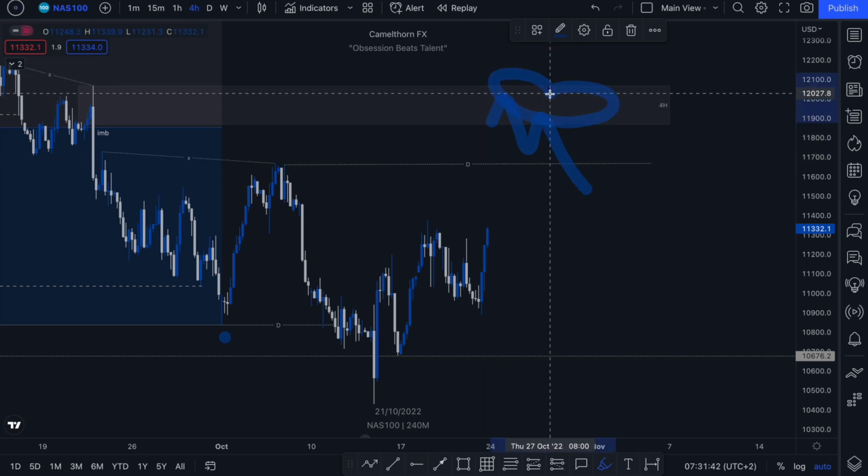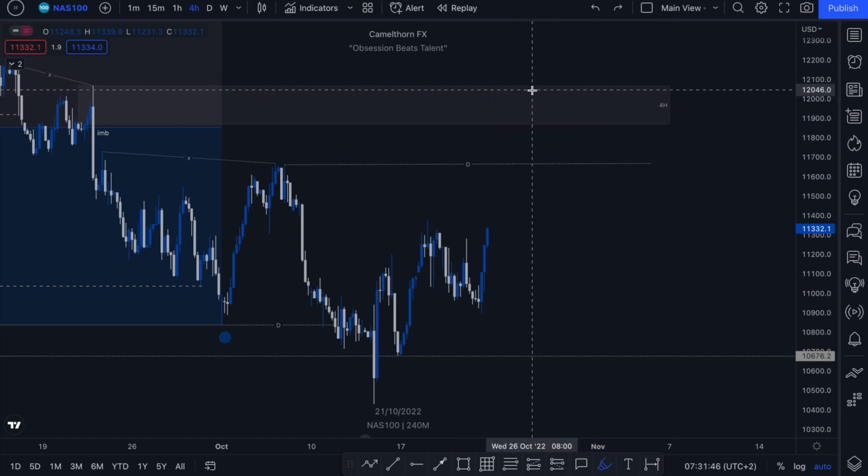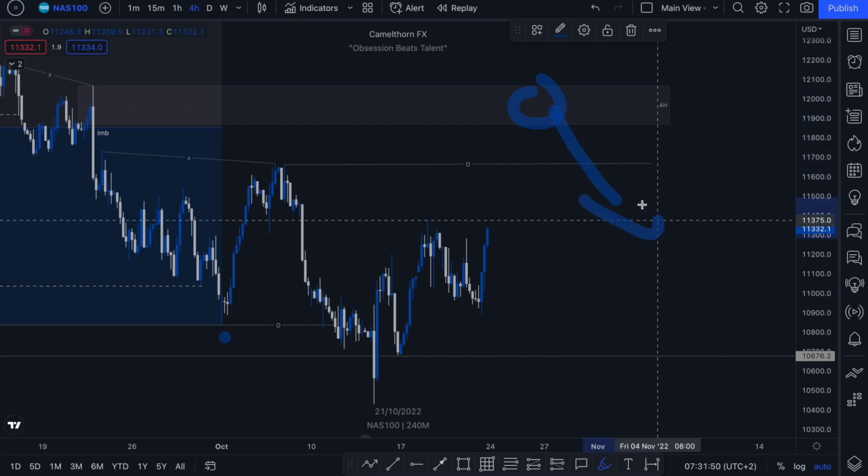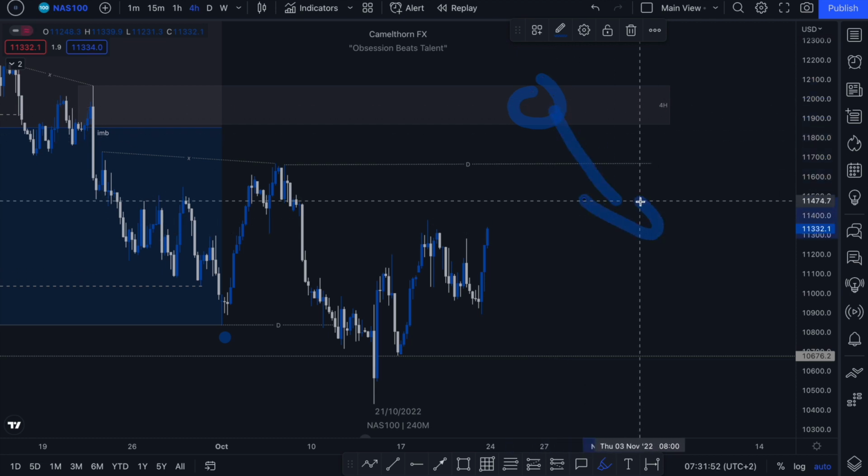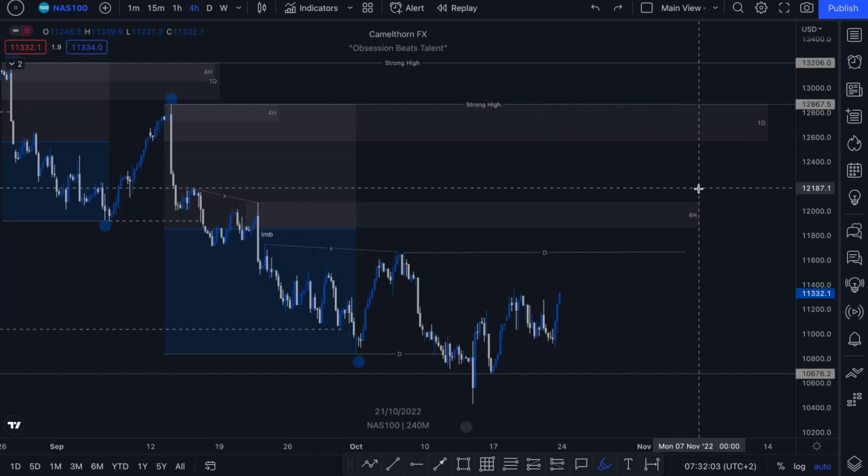Maybe on your 1-hour chart, maybe on your 15-minute chart, if you want to go down that low. Then look for a couple of shorter term intraday opportunities to trade the market short before that bullishness steps in again.